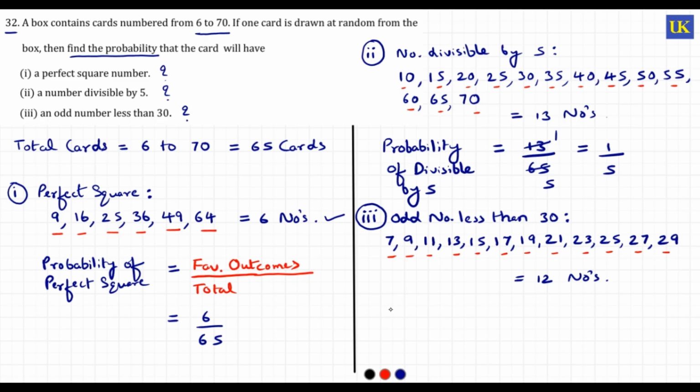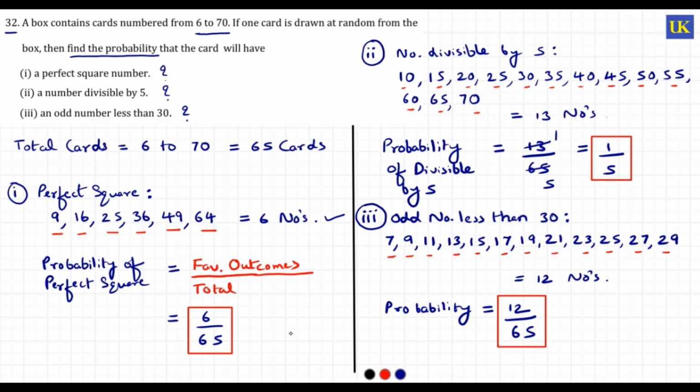So the probability is 12 upon 65. So the first answer, for perfect square, is 6 upon 65. The second answer is 1 upon 5, and the third answer is 12 upon 65. So these are our answers. So this completes our question 32.